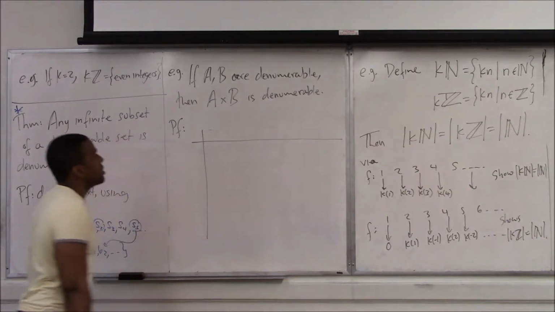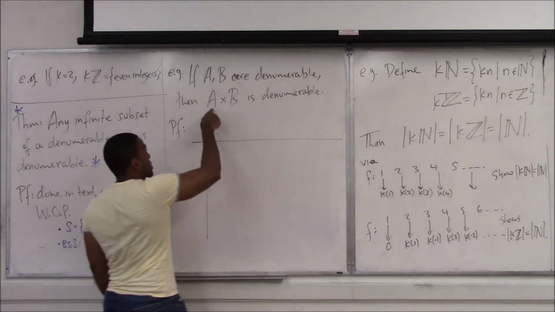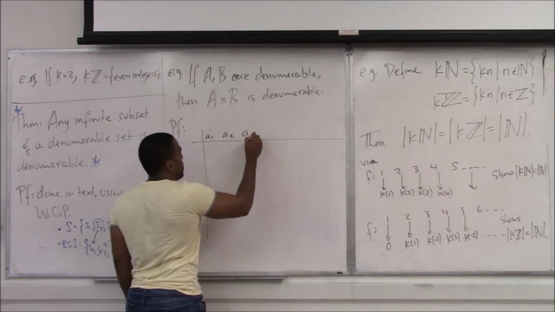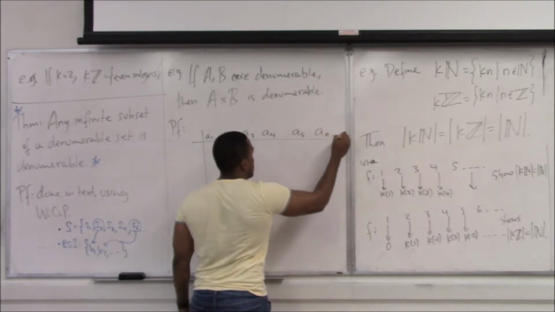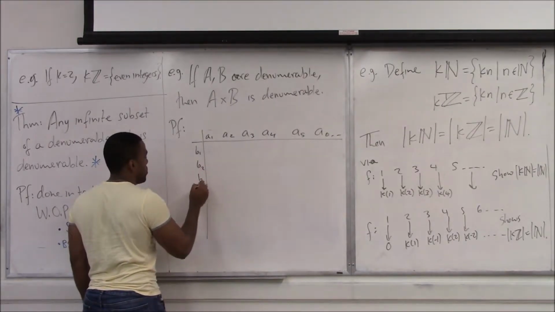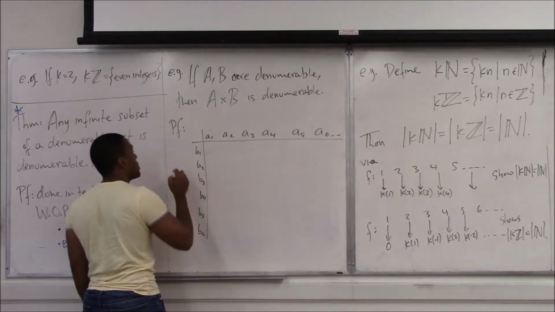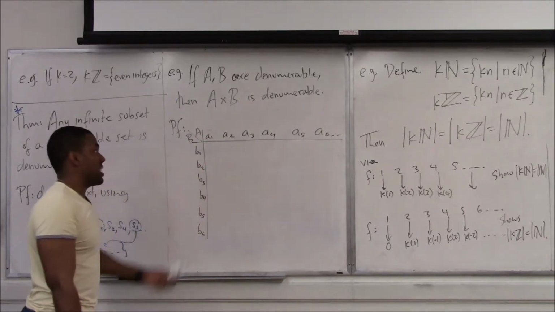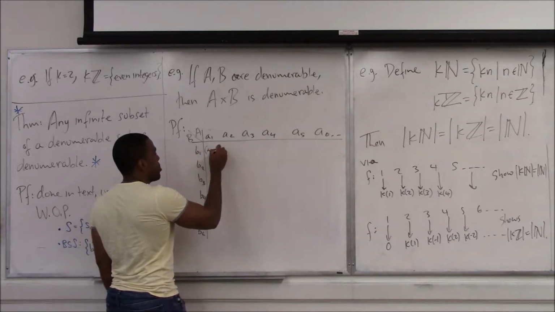via a grid. So let's list all the elements of A: A1, A2, A3, A4, A5, A6. You can list all the elements of B: B1, B2, B3, B4, B5, B6. So those are all the A's, those are all the B's. And now I'm going to actually take the cross of them. What that just means is I'm creating coordinates.